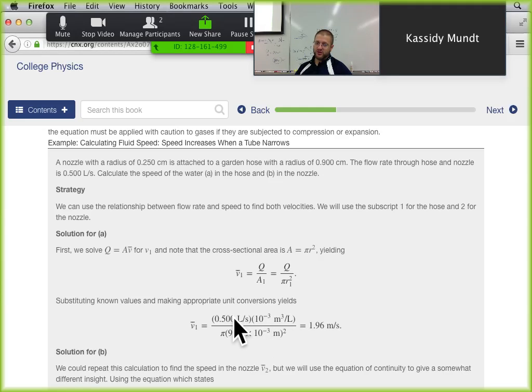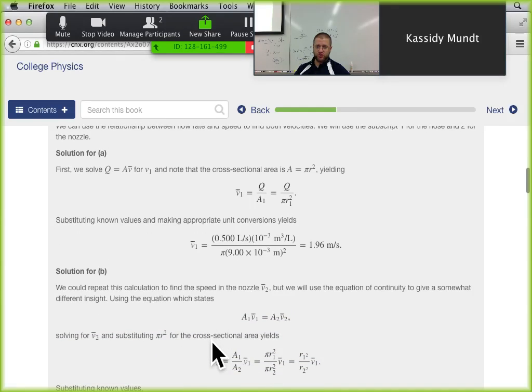Make sure that you do conversions. Convert the liters to cubic meters, and the centimeters to meters also. Then once you get that done, you get 1.96 meters per second for the velocity in the hose.